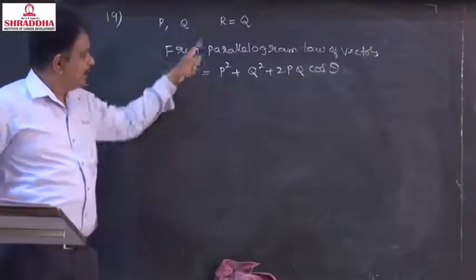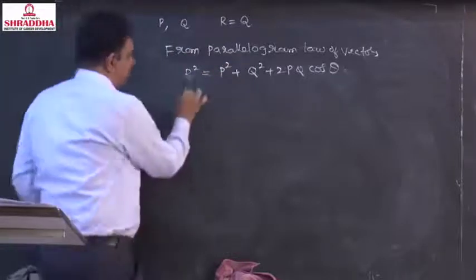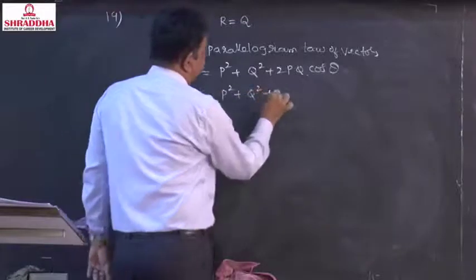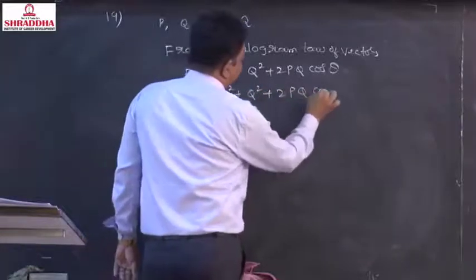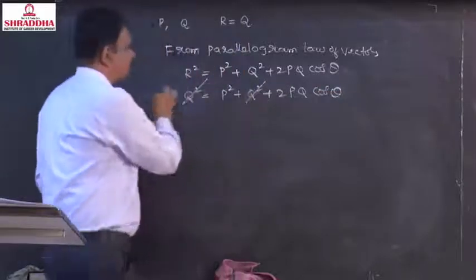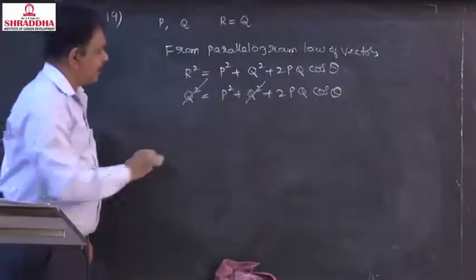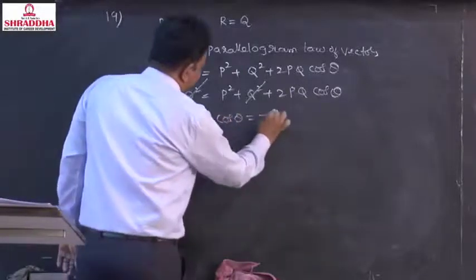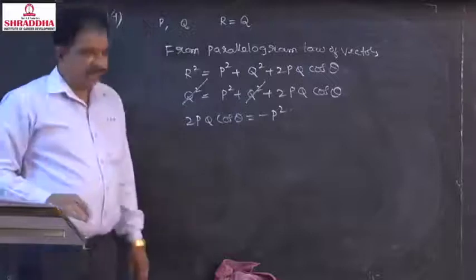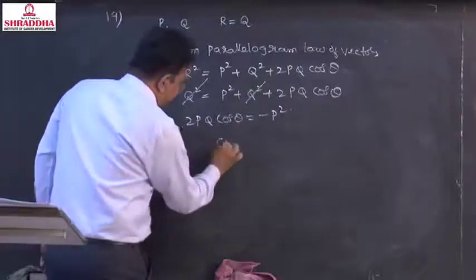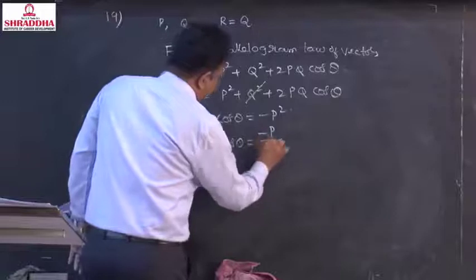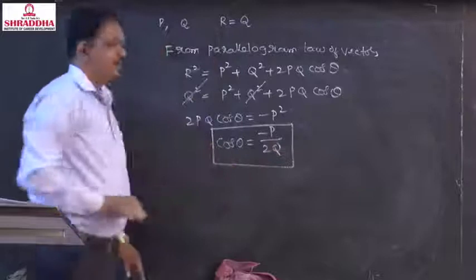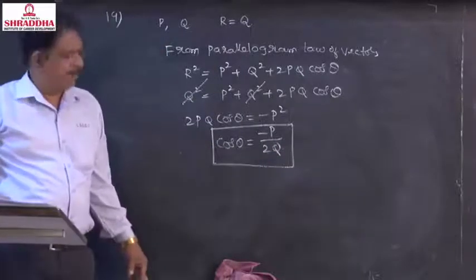The resultant is also equal to Q. So Q square is equal to P square plus Q square plus 2PQ cos theta. Q square will cancel. Then 2PQ cos theta is equal to minus P square. Then what cos theta value will we get? Minus P by 2Q. This value we will get for cos theta.